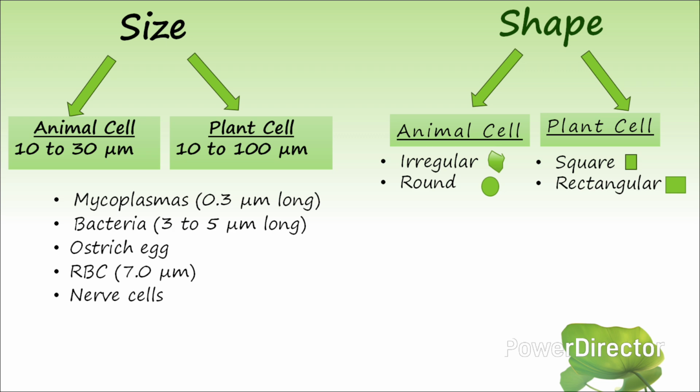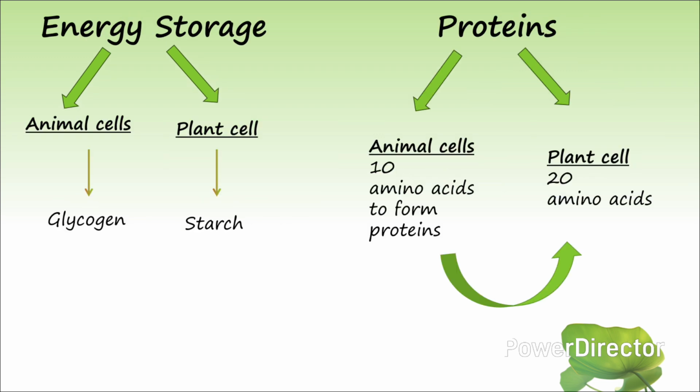Next is energy storage. Animal cells store energy in the form of complex carbohydrate glycogen, whereas plant cells store energy as starch granules. Coming to proteins. Out of 20 amino acids needed to produce proteins, only 10 are produced naturally in animal cells and others must be obtained through diet.